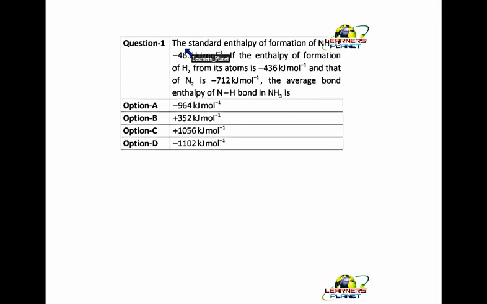The first question was: the standard enthalpy of formation of ammonia is minus 46 kilojoule per mole.